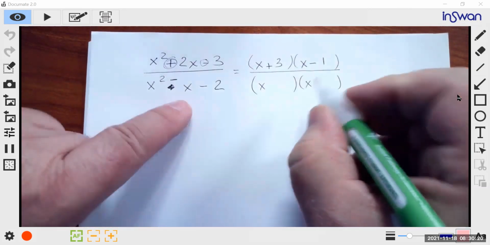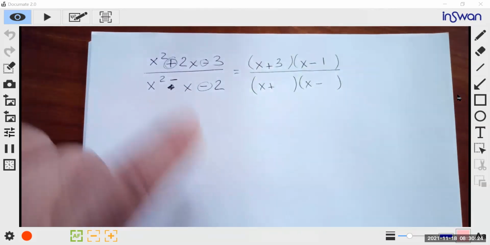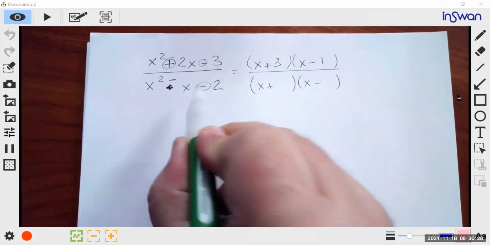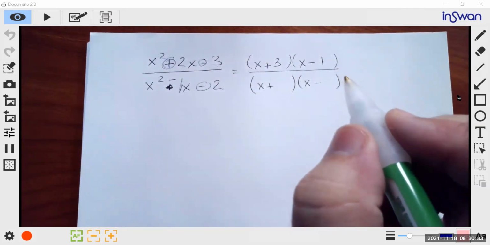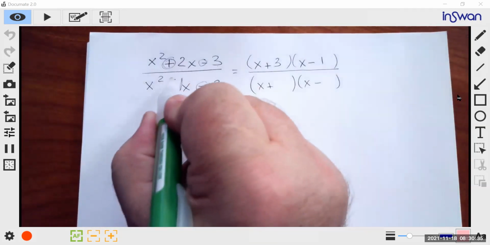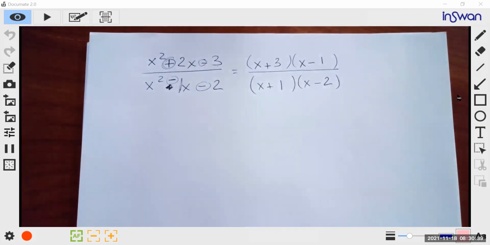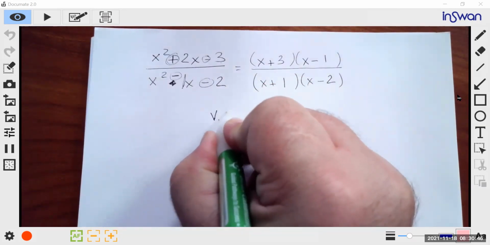Same in the bottom. Since the second signs are minus, they're opposite signs. What times what is 2? When you subtract them, you get 1. 2 and 1. 2 gets the negative. Since nothing cancels, what are my vertical asymptotes?